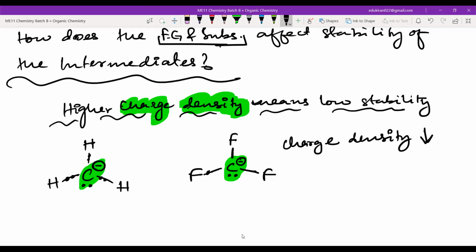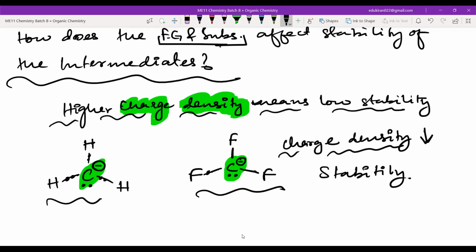But if fluorines are attached to the carbon atom, the fluorine will be pulling the electrons and decreasing the charge density. If the charge density decreases, the stability increases. This is an effect of fluorine.